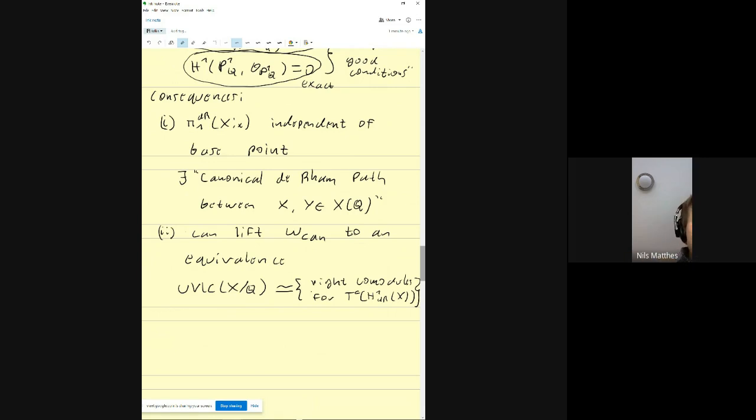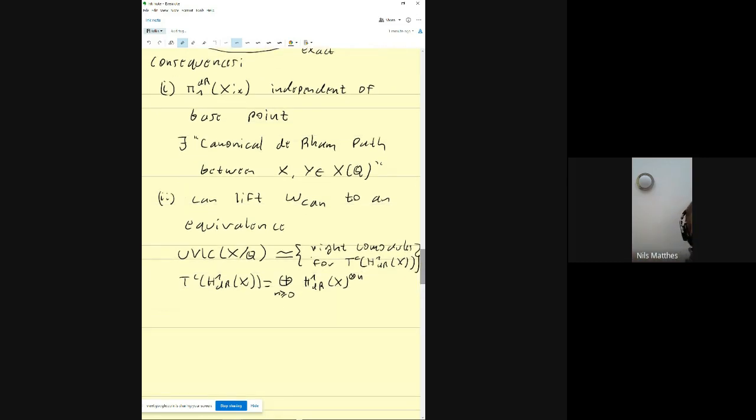So if you want this slightly more explicitly, as a vector space, this is just the direct sum over all tensor powers of H1 de Rham of X. Okay?